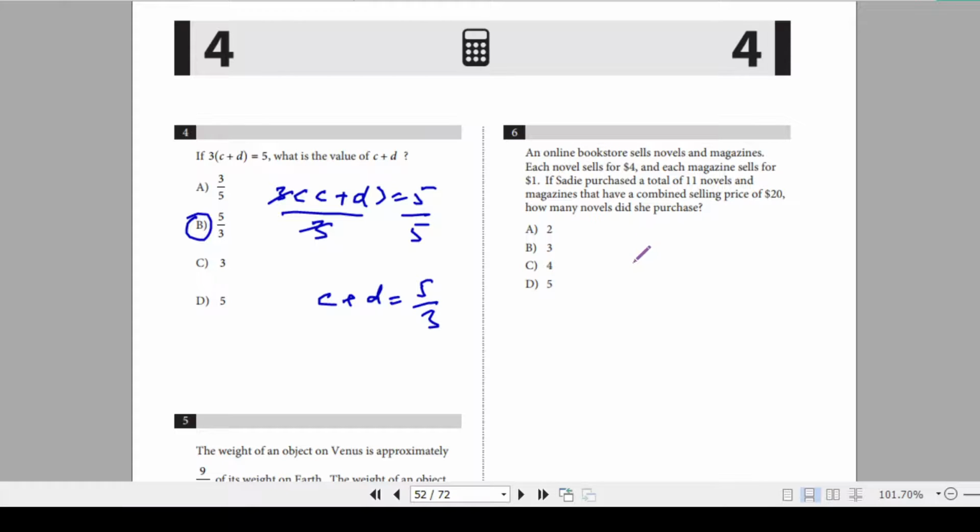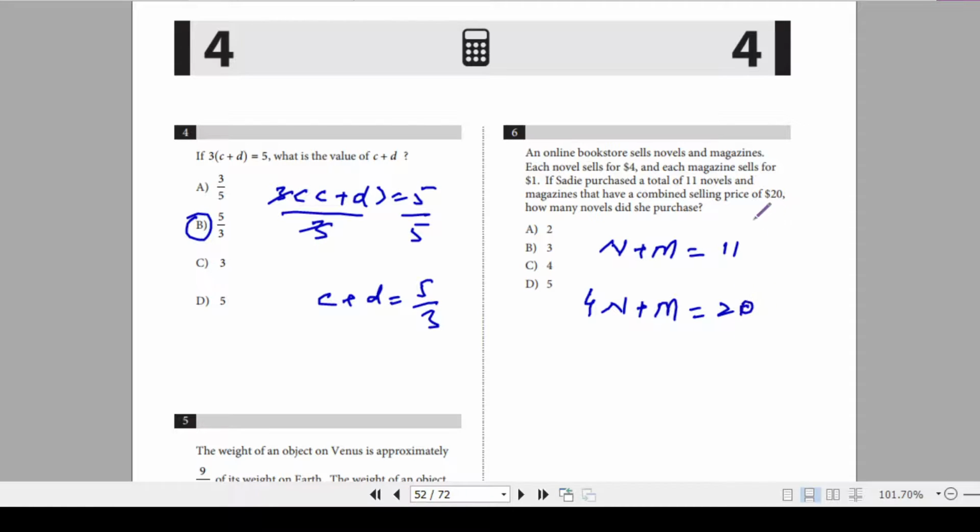So it's like this. Novels plus magazines. Total novels and magazines are 11. But one novel's cost is what? A novel is $4, so 4n will be the total cost of novels. And because a magazine is $1, 1m is just m. The total cost is $20.